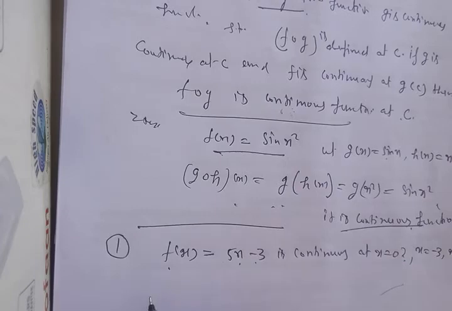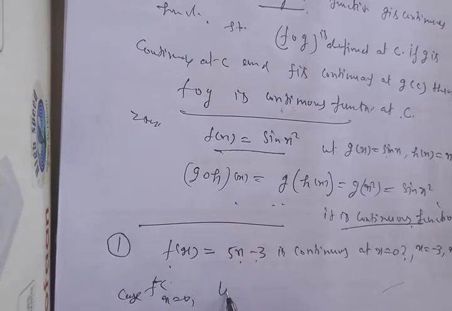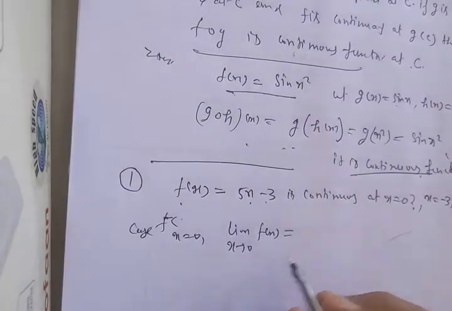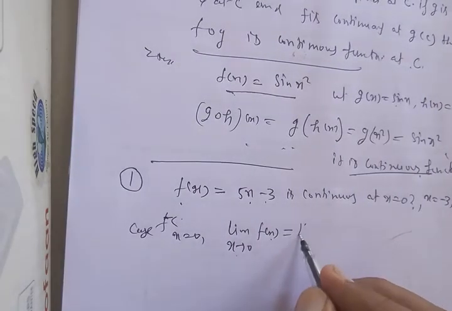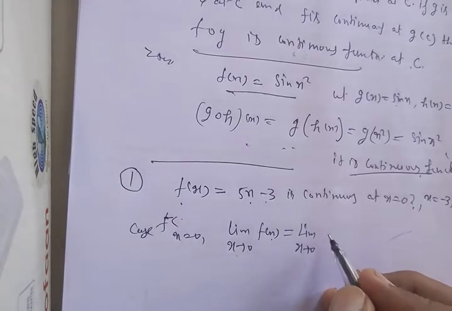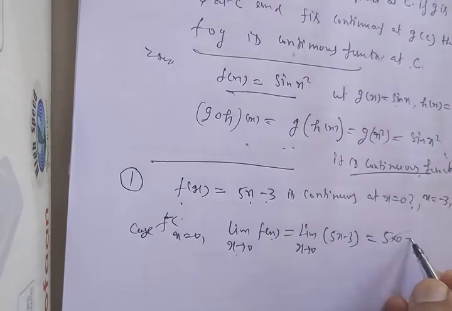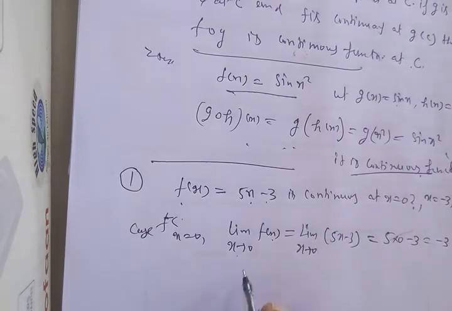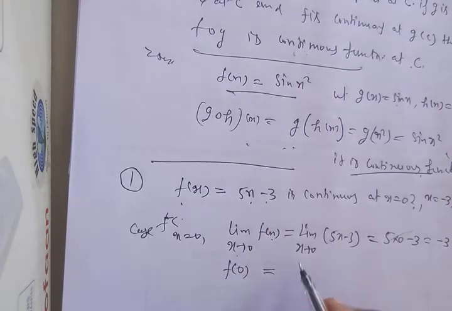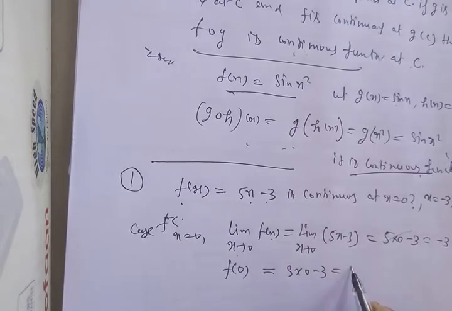Okay, so let the point c be x. First case, x equal to 0: limit x tends to 0 of f(x) equals limit x tends to 0 of 5x minus 3. Putting 0, 5 into 0 minus 3 equals minus 3. And f(0), that is f(c) with c equal to 0, equals 5 into 0 minus 3 equals minus 3.